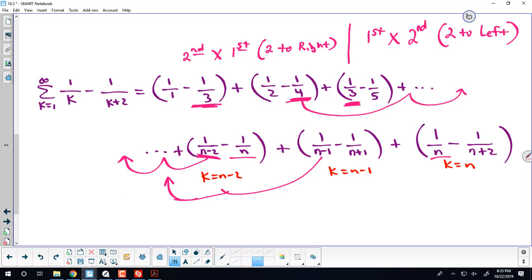All right, so that one's gone. Negative 1 over n plus 1 stays, and negative 1 over n plus 2 stays. Okay. So what we have left is a 1, a positive half, negative 1 over n plus 1, and negative 1 over n plus 2.